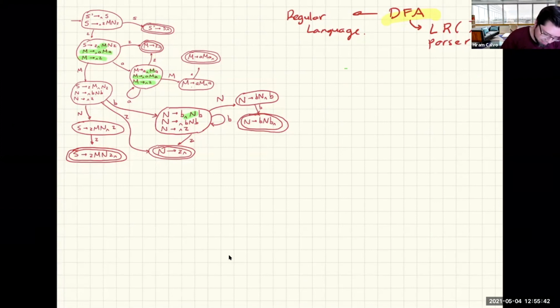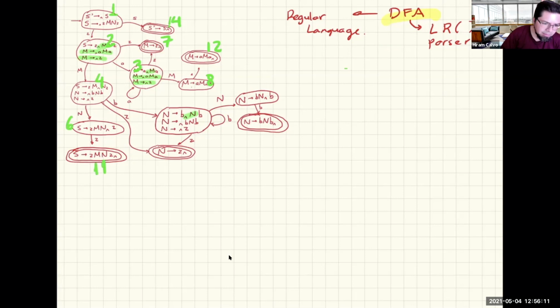So this will be state number 1. This will be 14th. This will be number 2. This will be number 7. This will be number 3. Number 8. Number 12. Number 4. With N goes to 6, and this is 11.